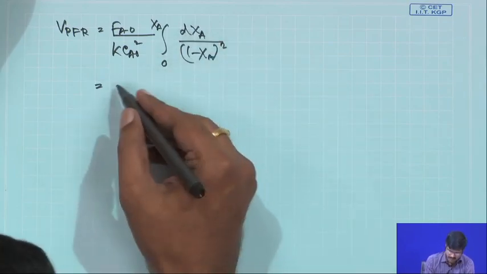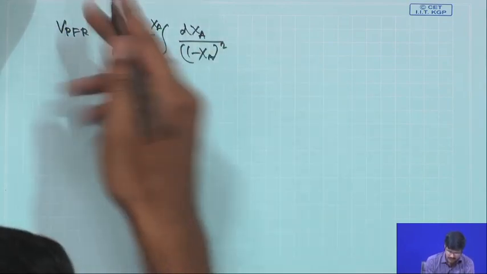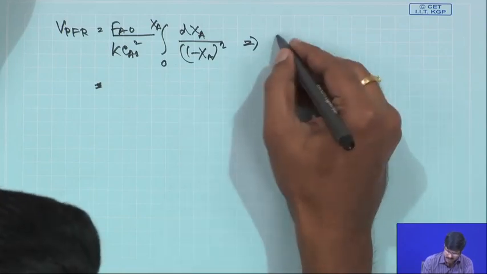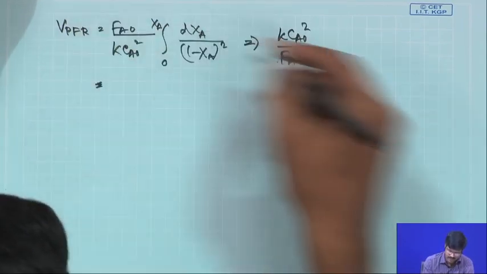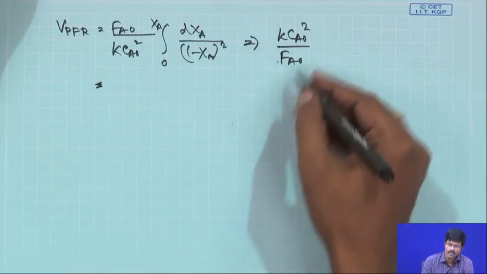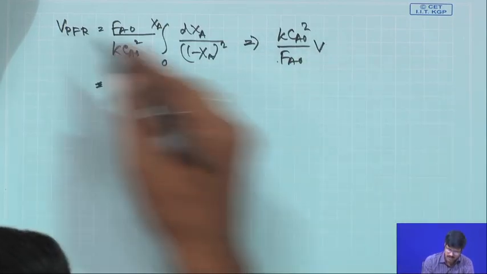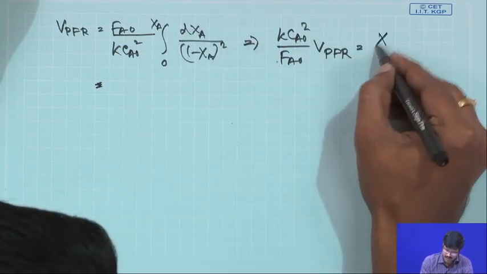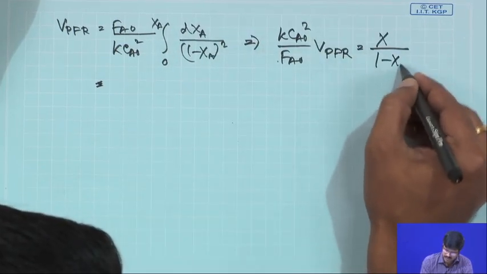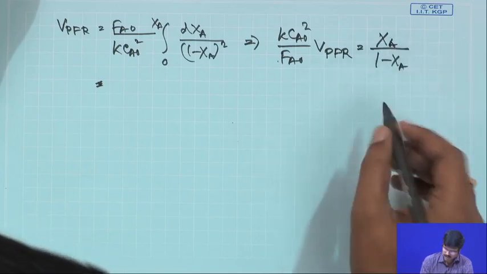If you do the integration and a rearrangement, what you will get is k Ca0 square into Fa0, divided by Fa0 into V, which is the V PFR, and that becomes equal to xa divided by 1 minus xa.